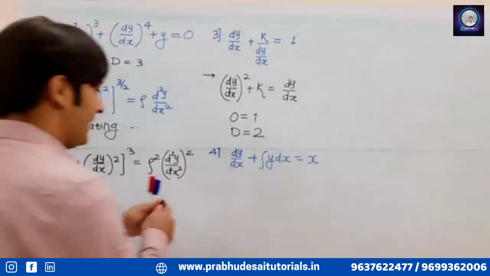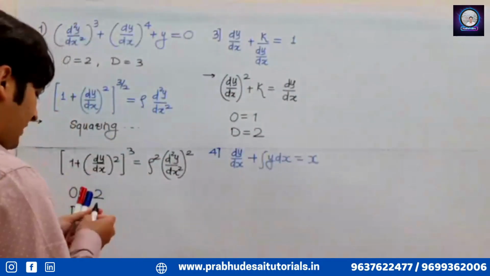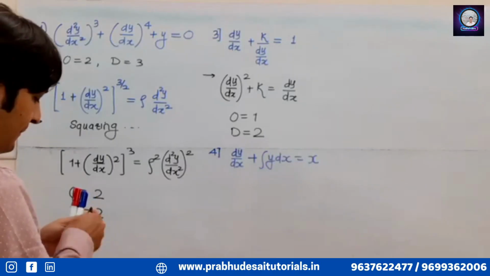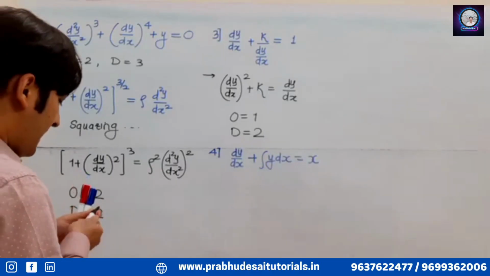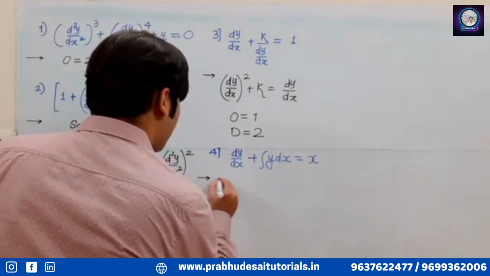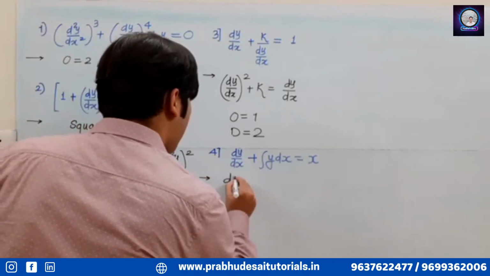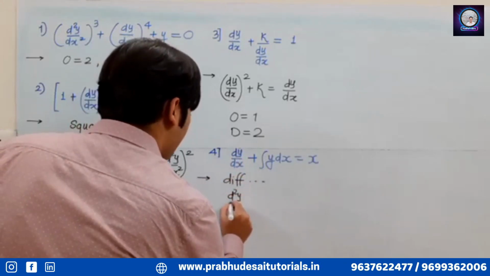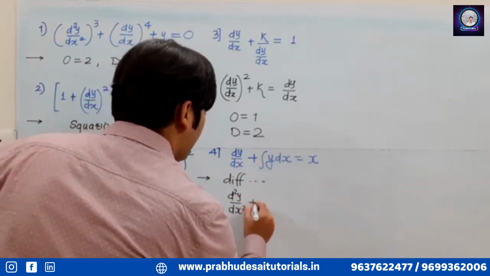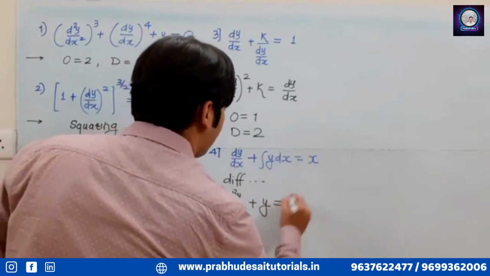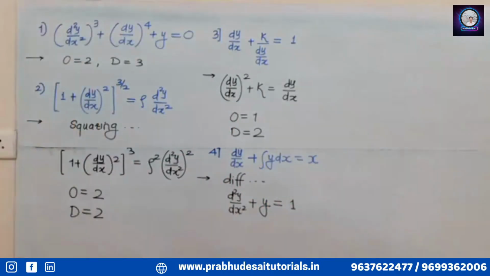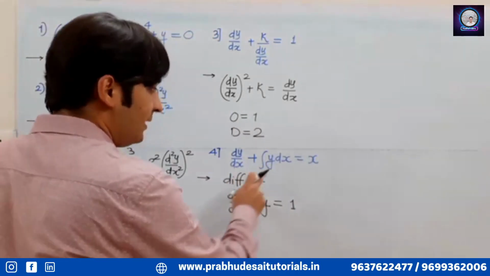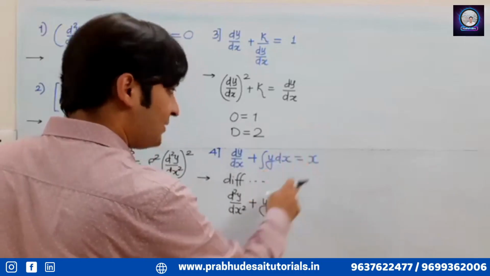So differentiating with respect to x, this will be the double derivative d²y/dx² + y, since the integration is cancelled, only y is left, and the derivative of x is 1.